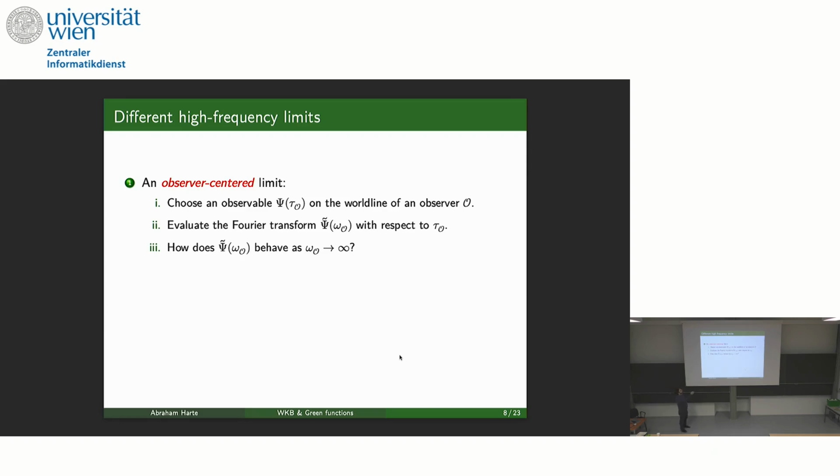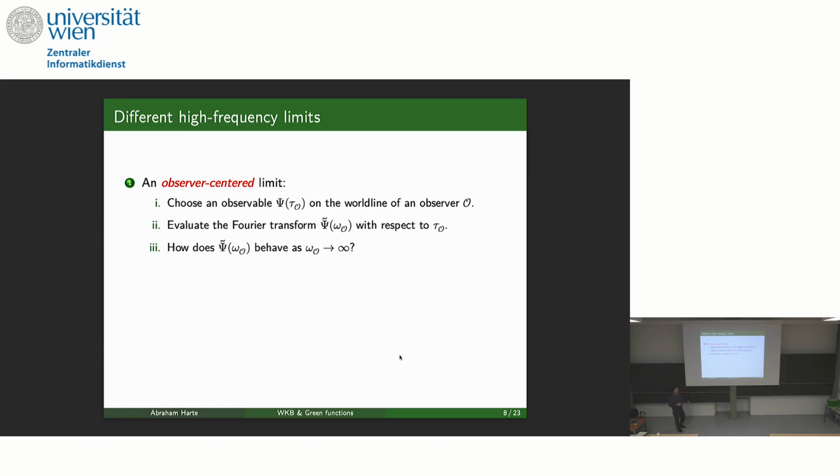Then you just say, okay, this thing is a function of proper time. You can find its Fourier transform. It's a one-dimensional Fourier transform. There's no problem with that. You don't have to worry about the fact that you can't do Fourier transforms on space-time. You're doing a Fourier transform on a world line. That's perfectly well-defined, no matter what world line, no matter what space-time. Then you could just ask the question, okay, what is the high-frequency structure of this spectrum? So that's a simple question.